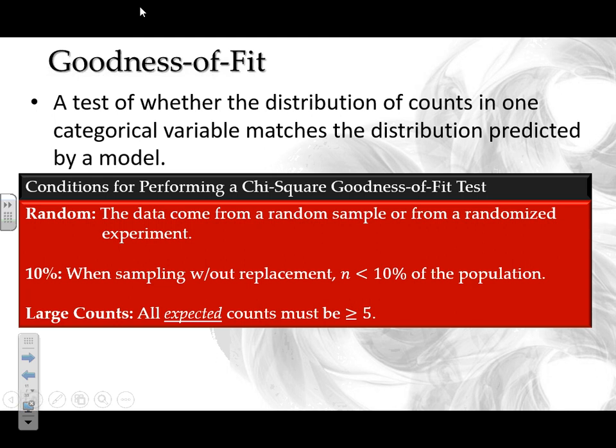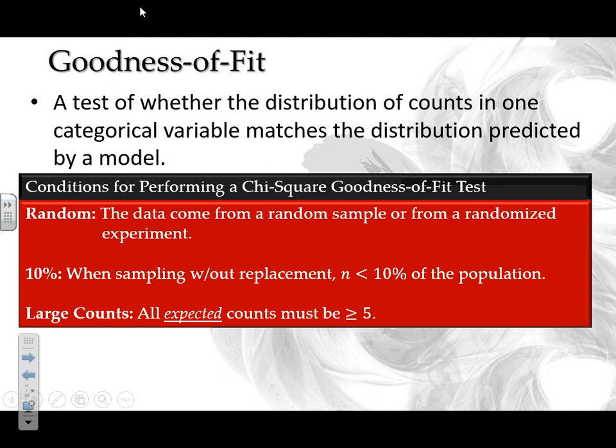Okay. Now, when we want to run a goodness of fit test, there are 3 conditions we need to check. And these 3 conditions are very, very similar to all the other conditions that we've dealt with as far as proportions and means. So you notice that we have the random and 10% again. So random, the data has to come from a random sample or from a randomized experiment.